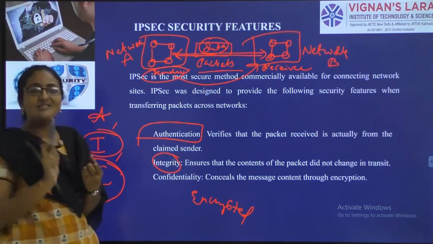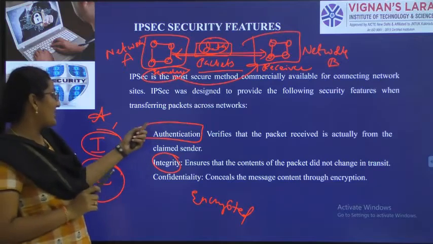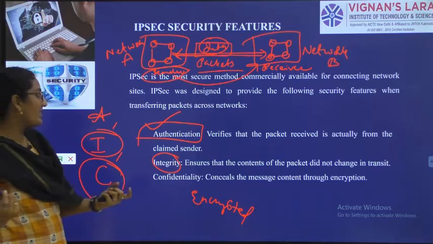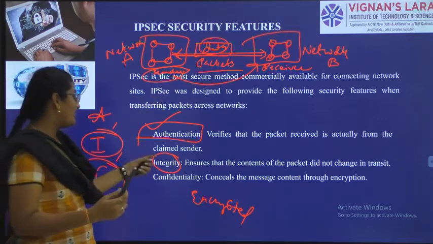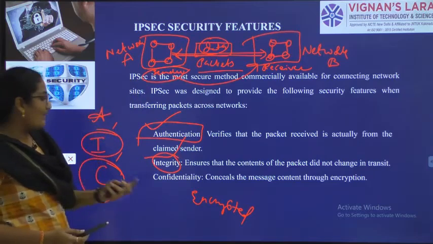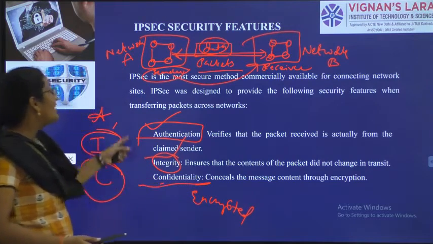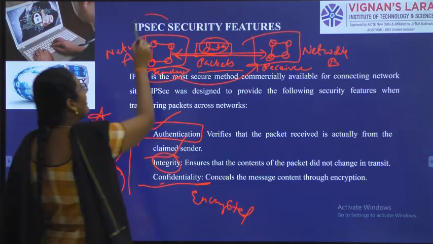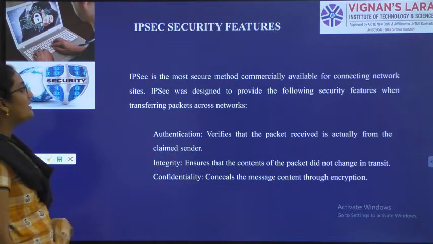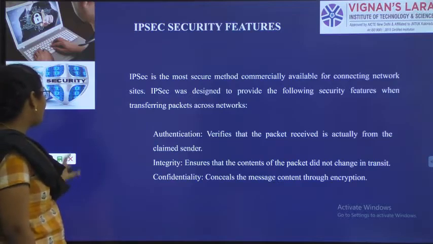Verification is authentication. Making sure that the contents of the data don't change is integrity. Believing that all the data is encrypted properly is confidentiality. So these three are the features of IPsec and they are achieved.